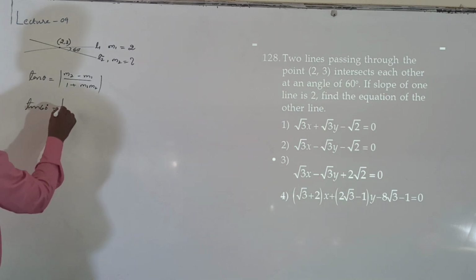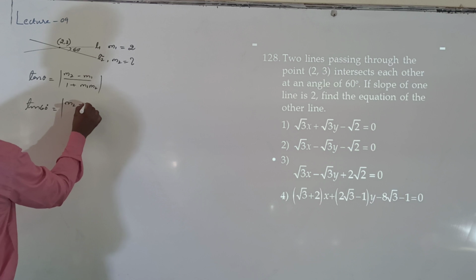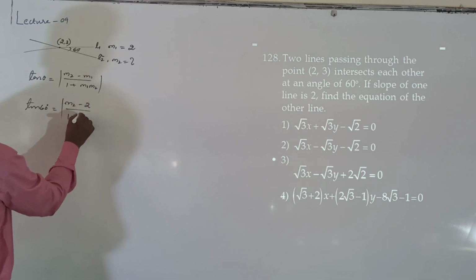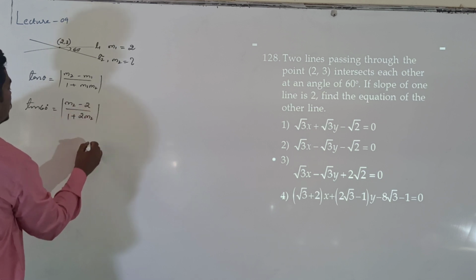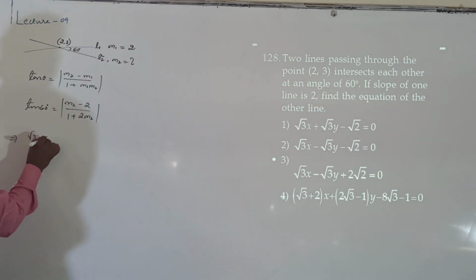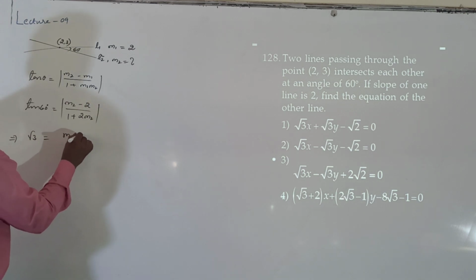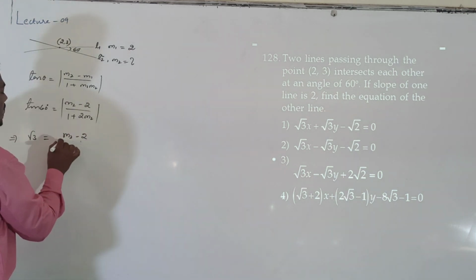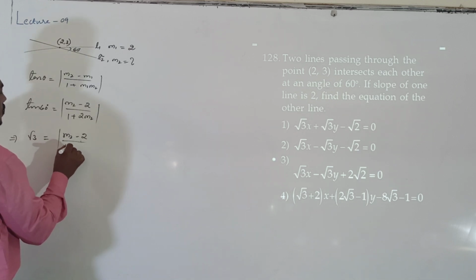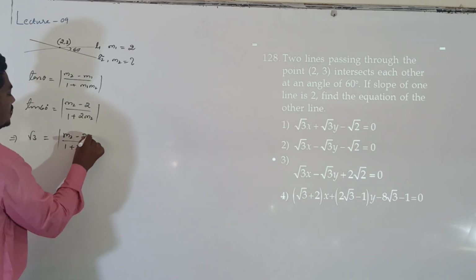Modulus of m2, which is unknown, m2 minus 2 divided by 1 plus 2m2, that is equal to tan 60, which is root 3.